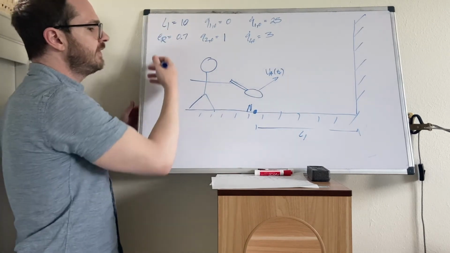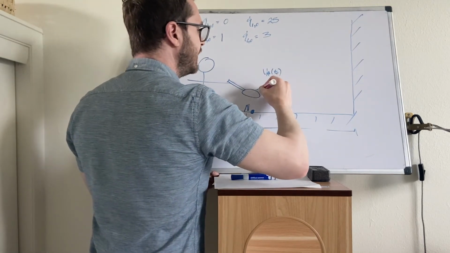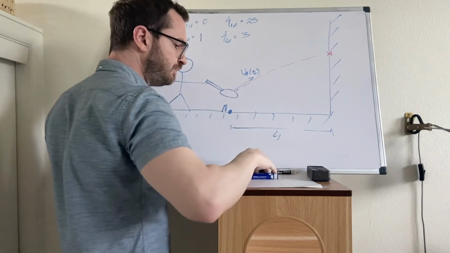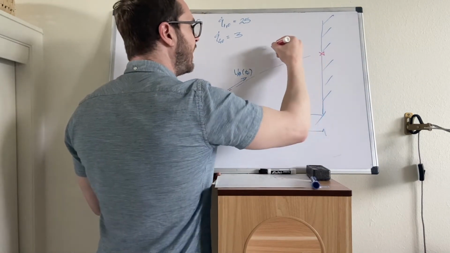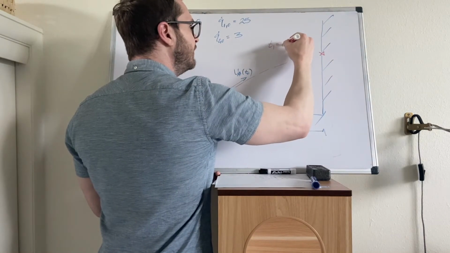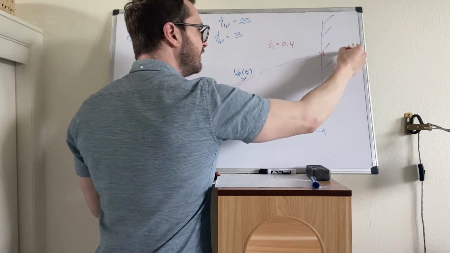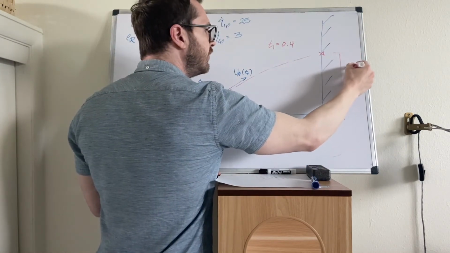All right, so using these, what do we find? Well, we find our trajectory to the wall, and we find the first impact point. The information about that, time 1 was 0.4, and I found this height to be 1.42.